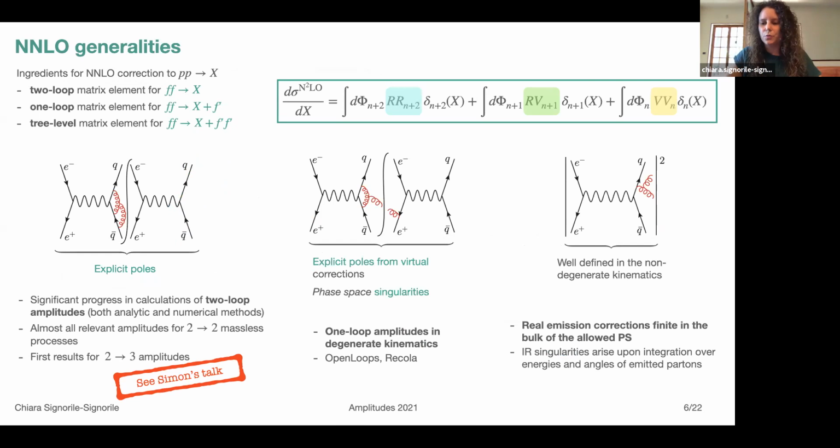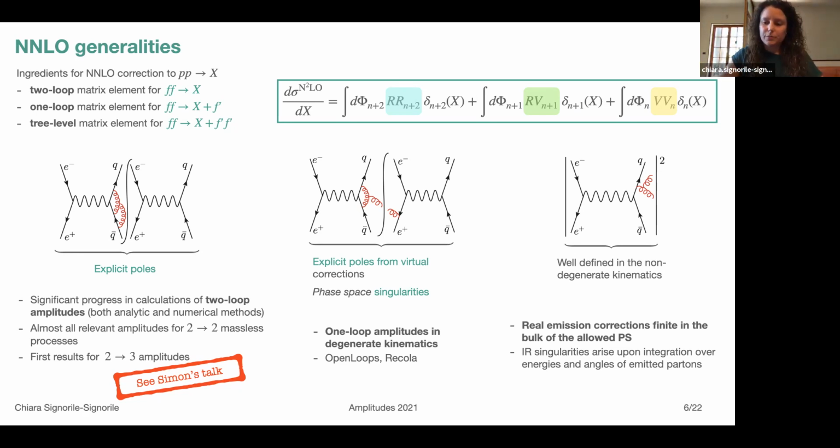So we know very well that next-to-next-to-leading order quantities receive contributions from a double real correction, a real-virtual term, and a double virtual correction. These are 3 different objects that have very different peculiarities and features. For example, the double virtual, if we decide to use dimensional regularization, is affected by explicit poles up to 1/epsilon to the 4th power.